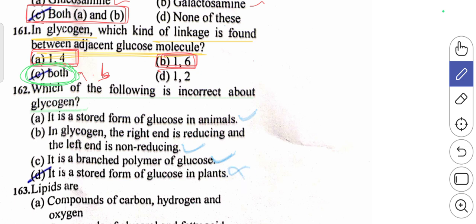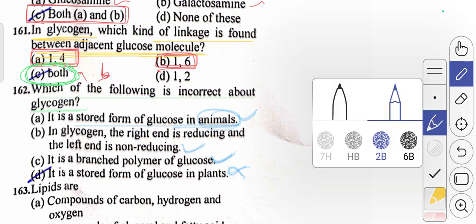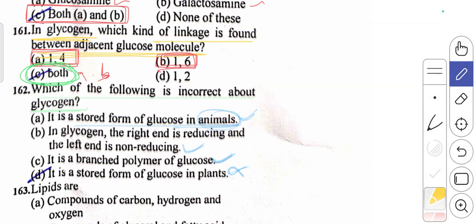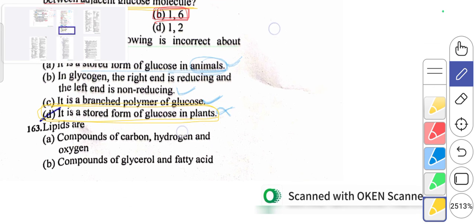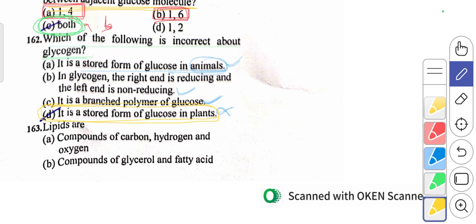In the first statement itself, they have given animals. So this one will be considered wrong. The right answer for this one is stored form of glucose in plants. This will be the incorrect statement here.